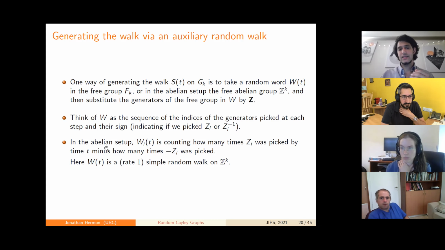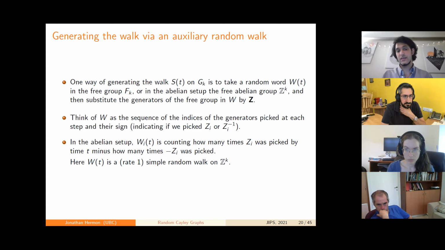In the focus of today's talk, we're looking at the abelian case, and all the information we care about is how many times we picked z_i minus how many times we picked the inverse of z_i. So we define W_i to be this discrepancy in the number of times we picked z_i and its inverse.